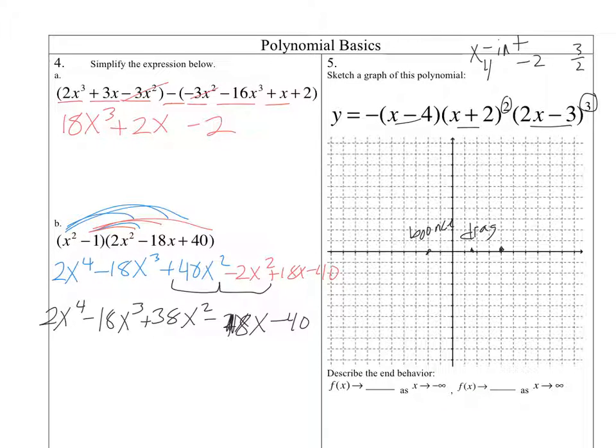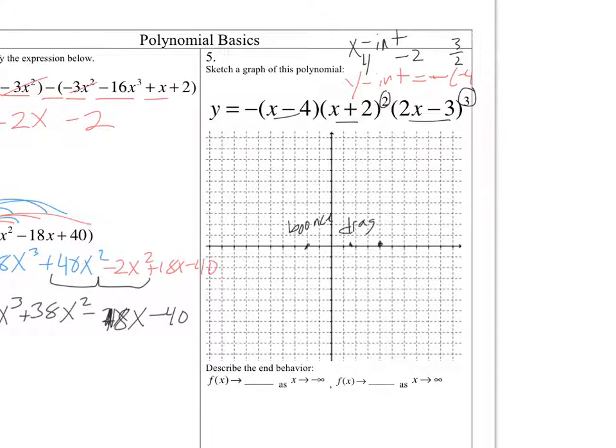Okay. The next thing I have to do is get a y-intercept. And my y-intercept is going to be what I get if I plug 0 in. So I've got negative 4 times 2 squared times negative 3 to the third.